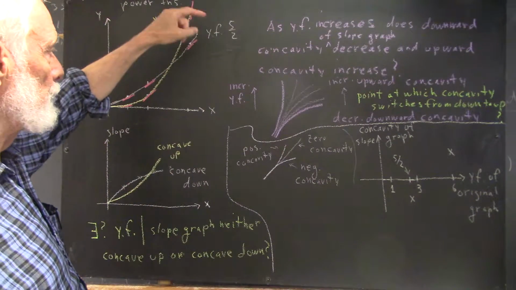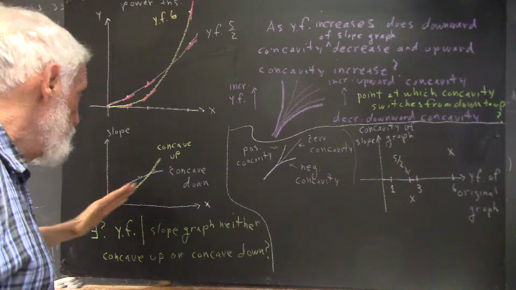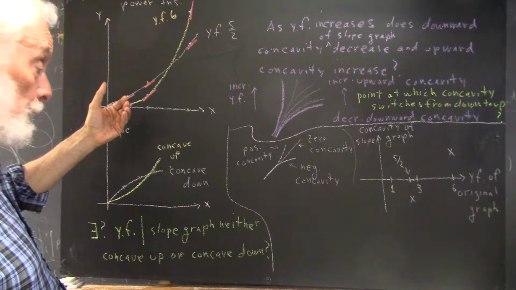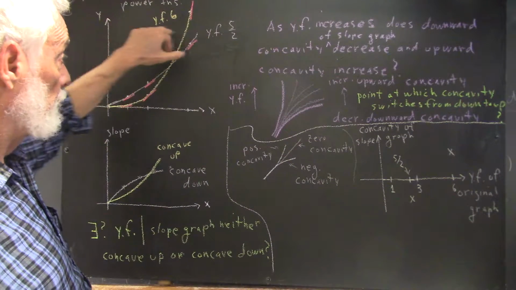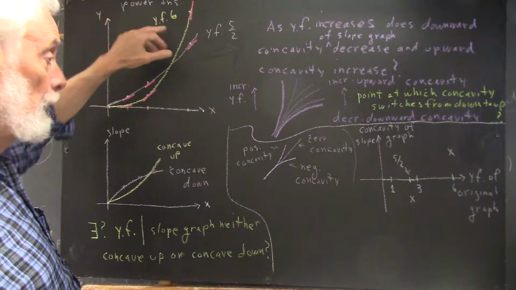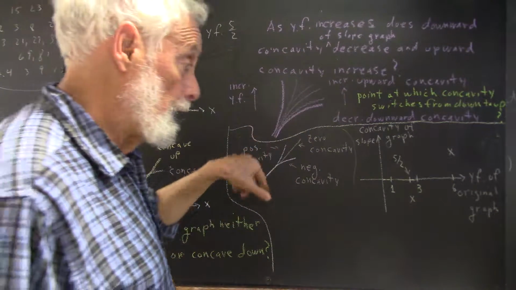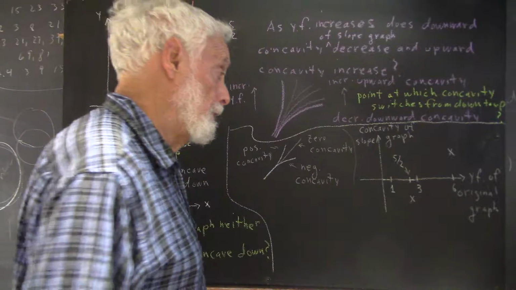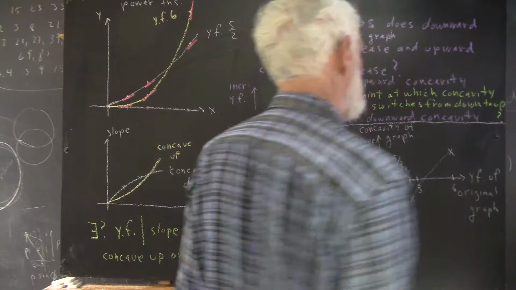And if we keep increasing the y factor of this graph up to 6, we're going to reach a point where the concavity is upward. So somewhere between the downward concavity you get for this factor and the upward concavity for this factor, there's going to be a point of zero concavity, which would imply a straight line. Now, we don't know that that's going to be true. That requires proof. But we could say, okay, that maybe goes like this.